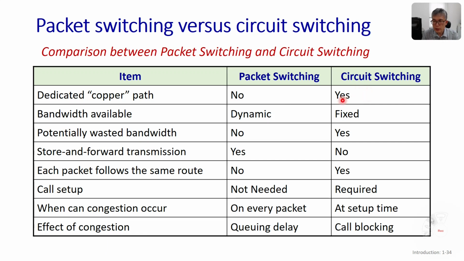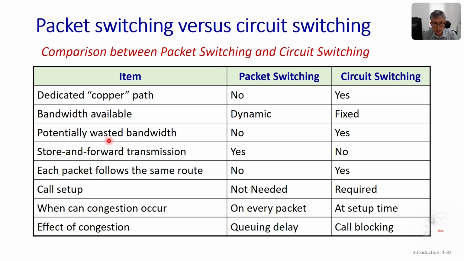In the circuit switch case, the initial setup makes sure a dedicated path is reserved and the bandwidth is available. Packet switching speed is dynamic, but circuit switching is fixed for each end system.